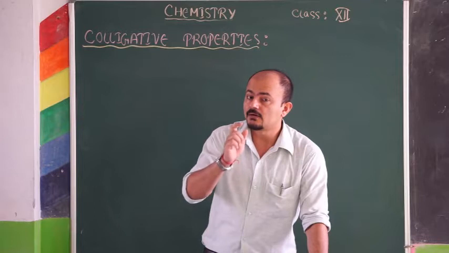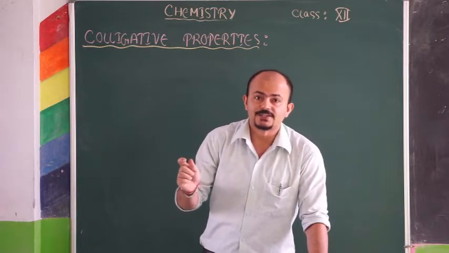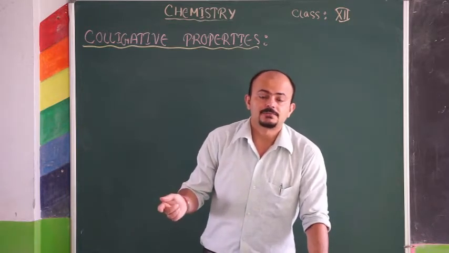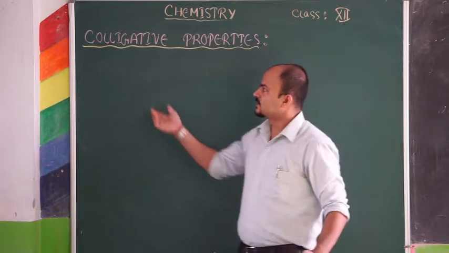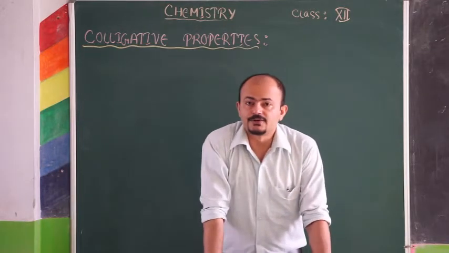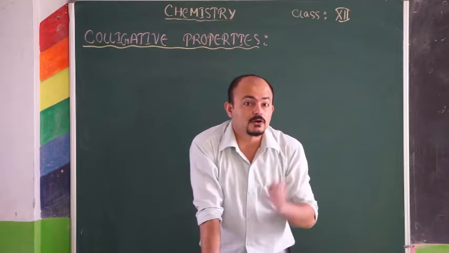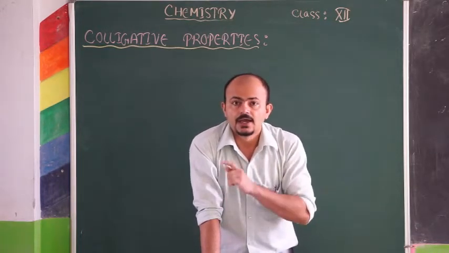It depends only on the number of solute molecules present and not upon the nature of the solute in the particular solvent. The solute particles could be molecules, ions, or other particles.